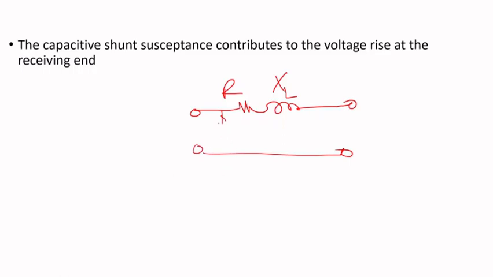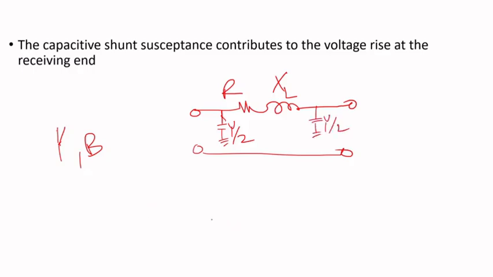But if you have a medium line, typically what you do is, this is sometimes referred to as Y, sometimes B. It's the shunt reactance or susceptance, basically. You take half of that and you put it on each side of the series impedance.